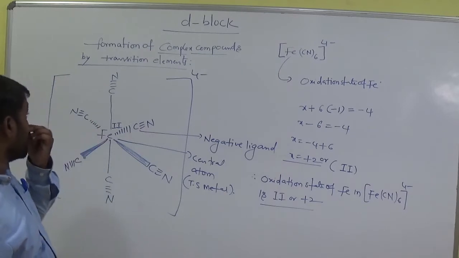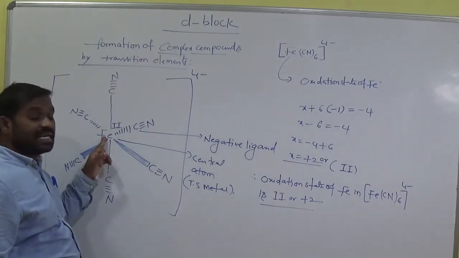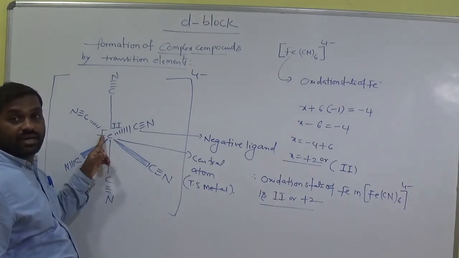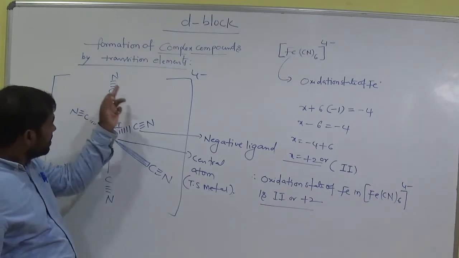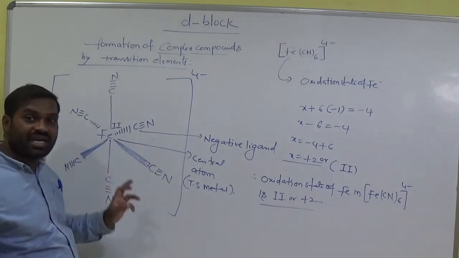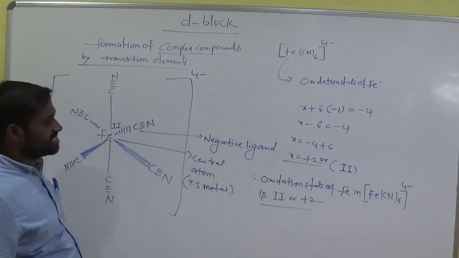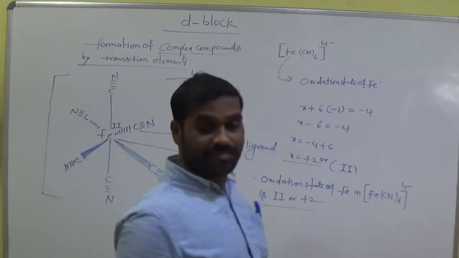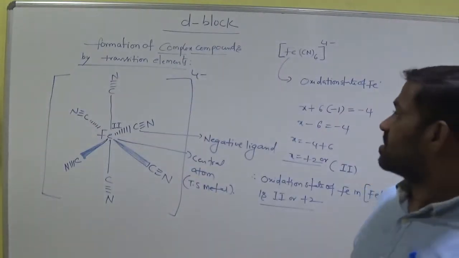So now complex compounds means where the central metal atom combines with negative ligands or neutral ligands also. It gives a complex with characteristic properties, called complex compounds.